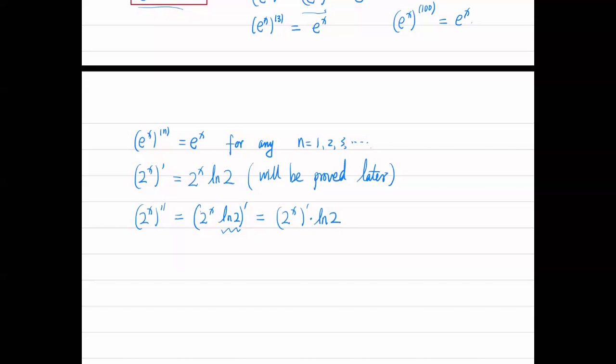Now if we take the derivative, what do you get? 2 to the x. So if we want to find this derivative, this gives us another log 2. So this is log 2 squared.